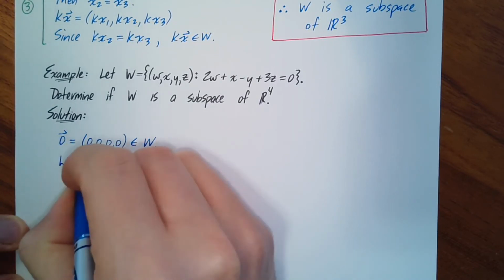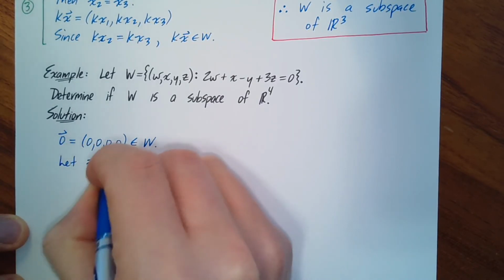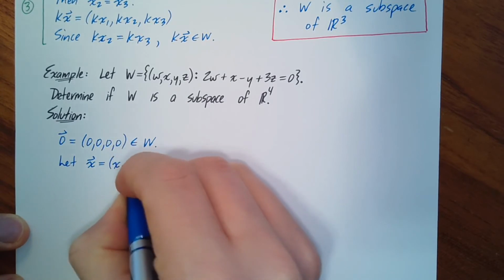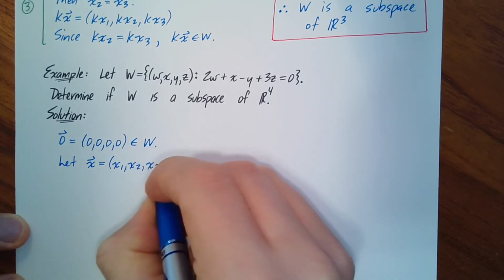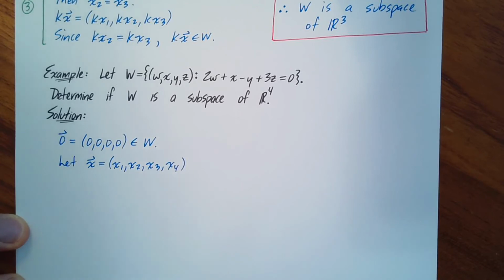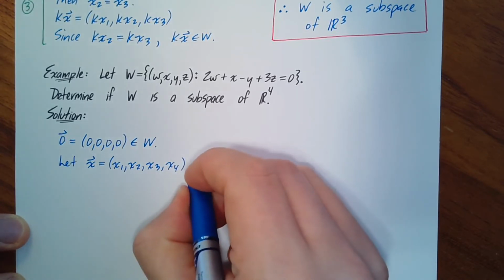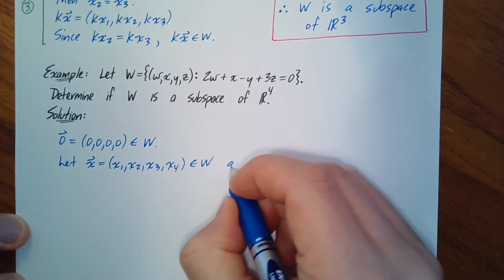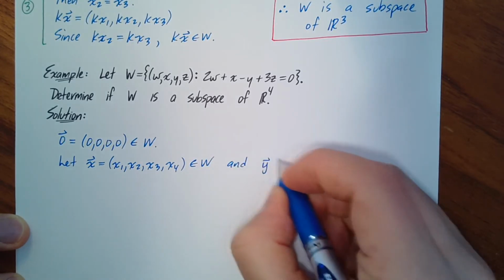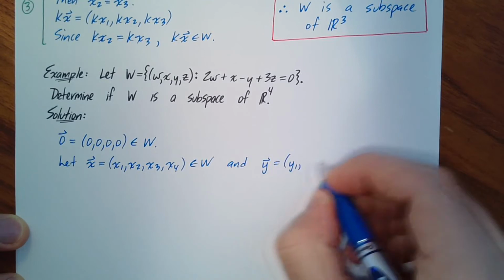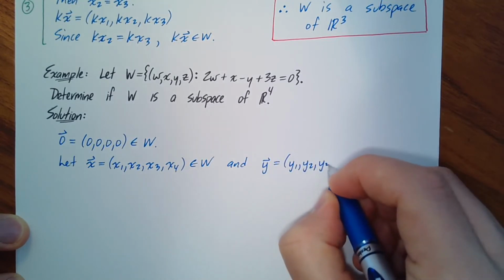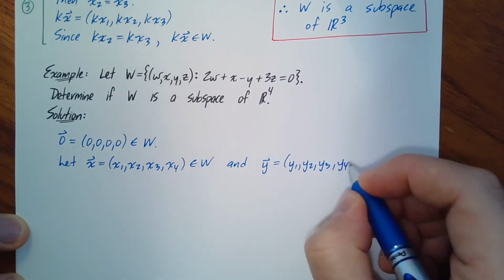So we'll let X be the vector X1, X2, X3, and X4. Right? I'm just writing down a general four-dimensional vector. So assume that that is in W, and we've got a vector Y in W, which I'll label as Y1, Y2, Y3, and Y4.